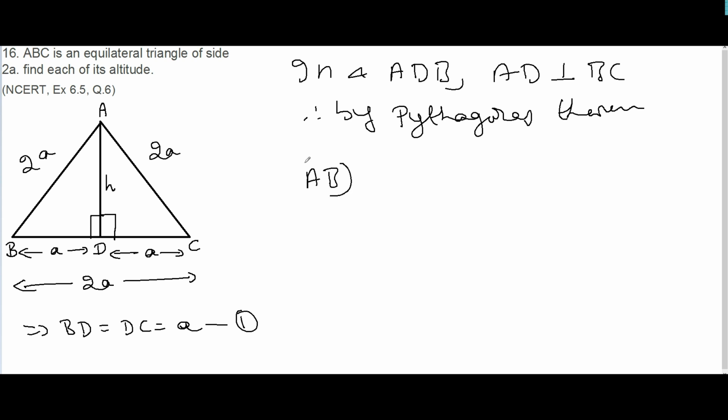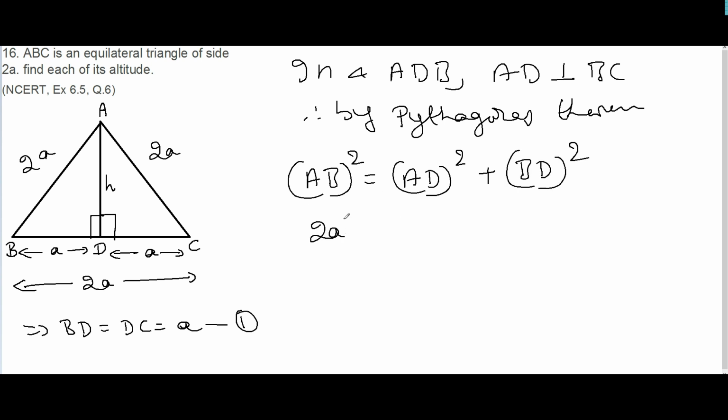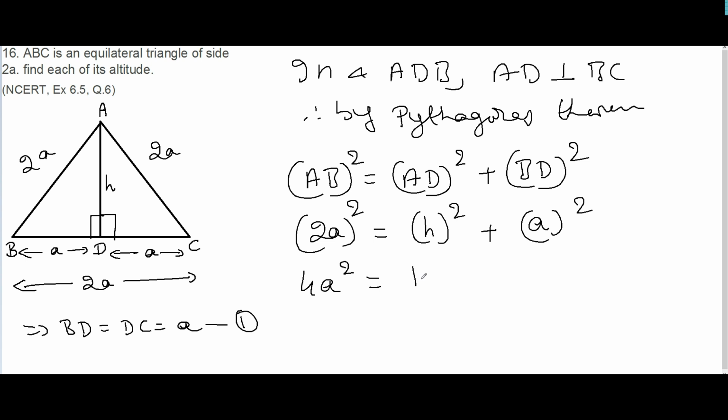So, AB square is equal to AD square plus BD square. AB square is 2a whole square, AD is h, height, altitude, BD is a. So, 4a square is equal to h square plus a square. 4a square minus a square is equal to h square. 3a square is equal to h square.